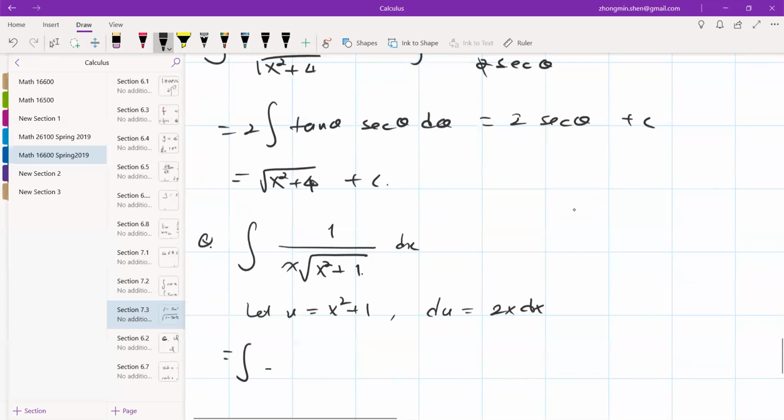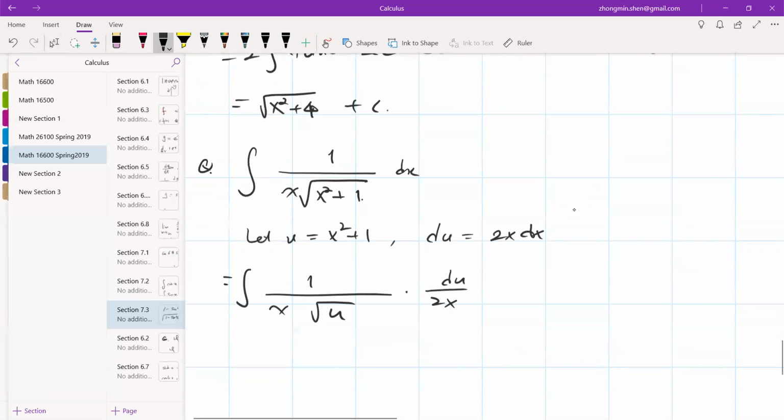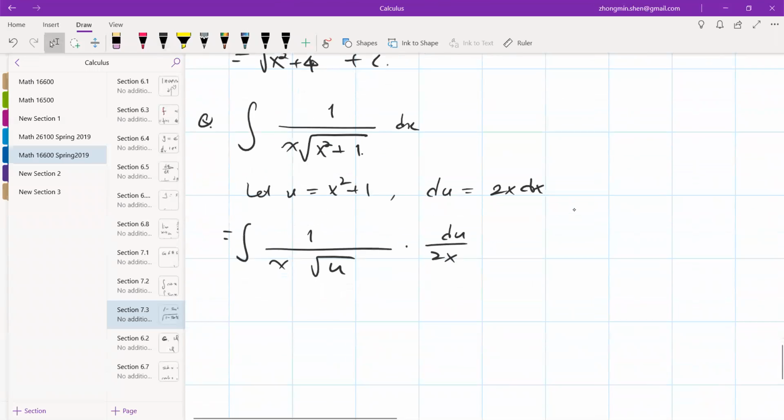Okay, the integral becomes, let's try the traditional substitution. So dx is going to be half of x du, right? So you have x squared here. That's not too bad. What is x squared? Replace x squared, it's going to be u minus 1.